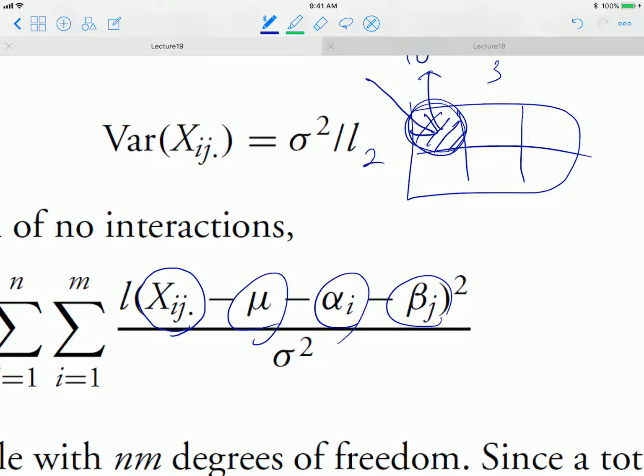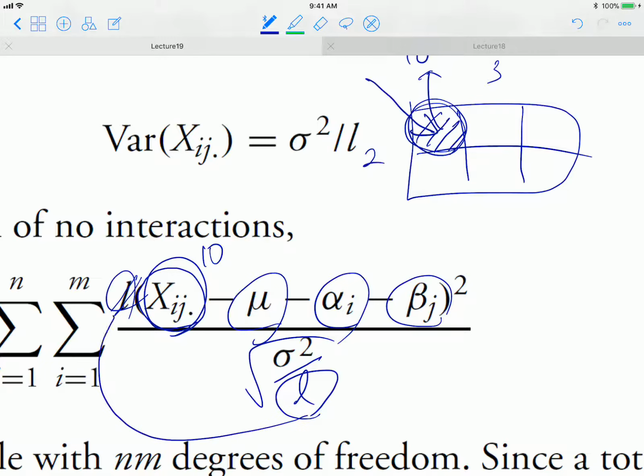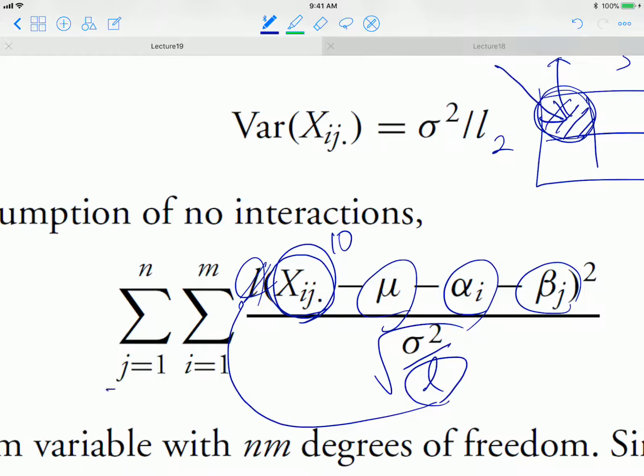This one is the sample mean of 10 different samples, or L different samples, and then square root of sigma squared divided by L will be the standard Gaussian random variable, and then L will be here, take the square of it, and then sum them up over all the cells.